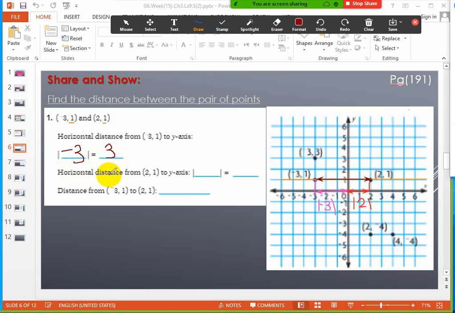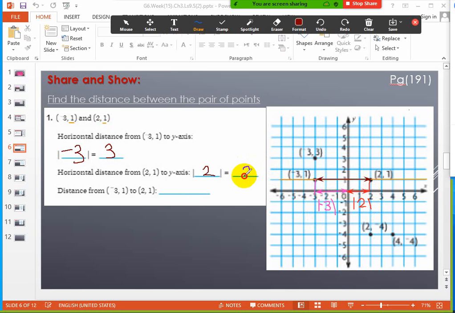And the horizontal distance from the other point to the y-axis is the absolute value of 2, which equals 2.